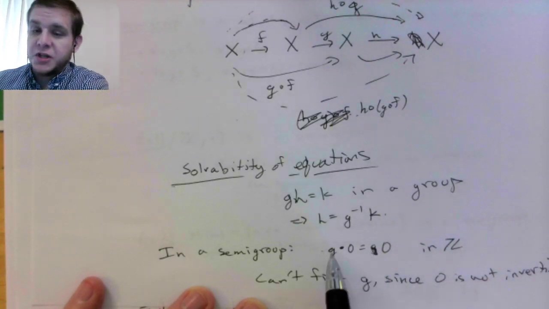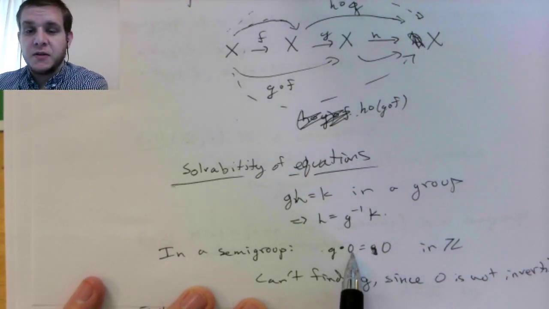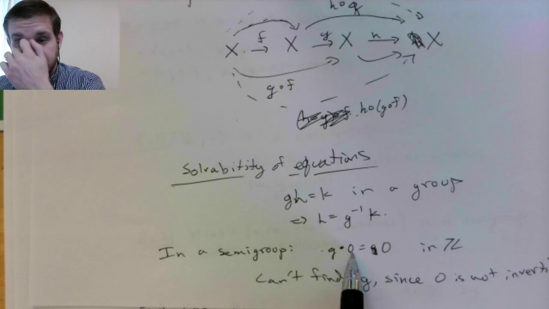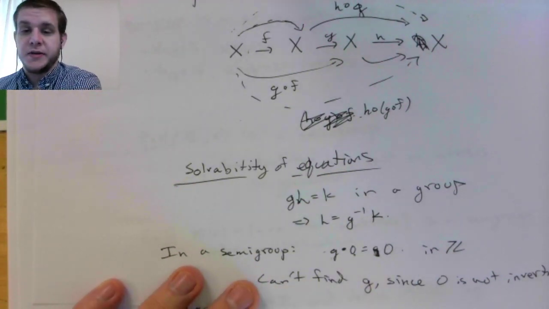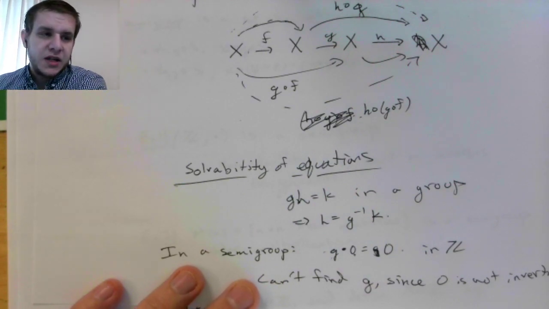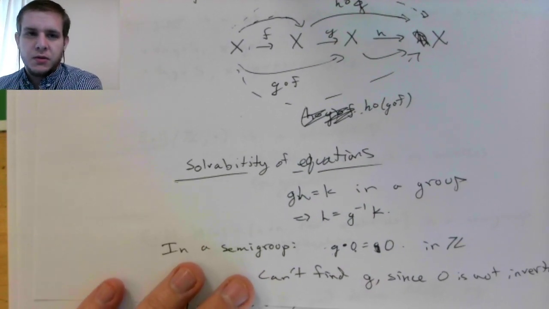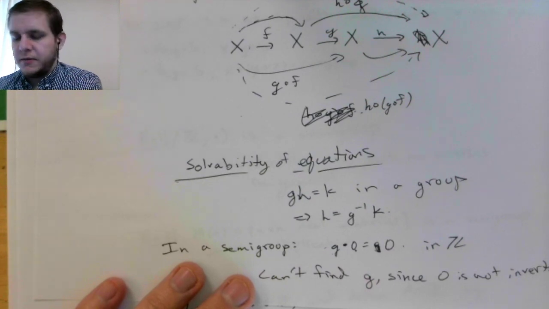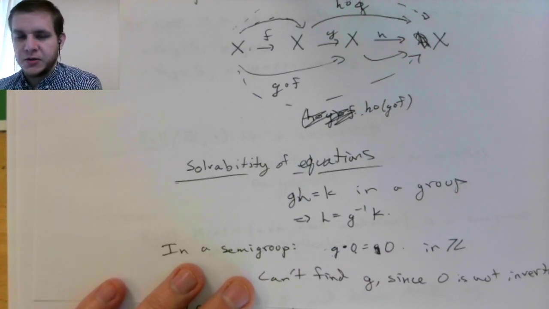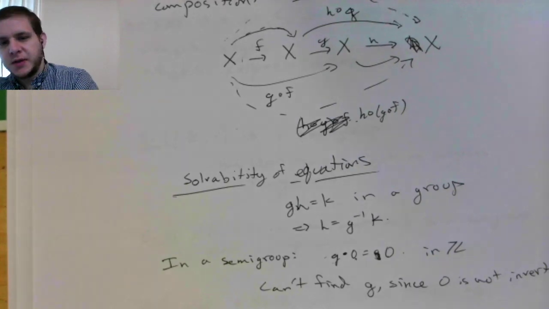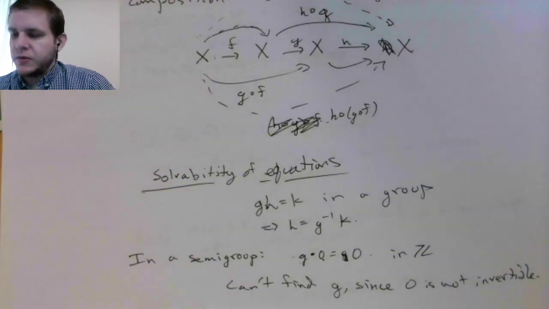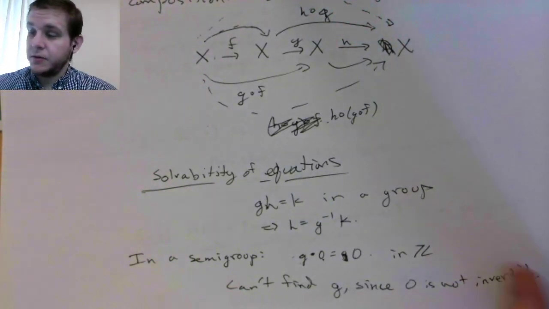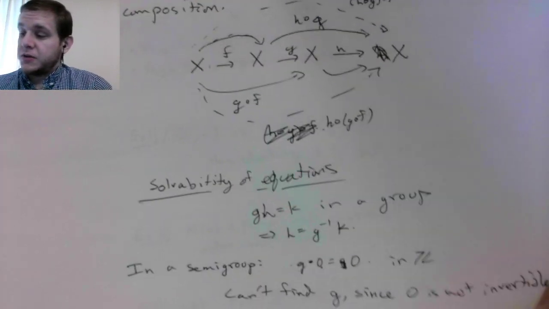Right, if this were an equation in a group, then I would just multiply by this element's inverse on the right of this side of this equation and get that g is equal to 0 times 0 inverse. And of course, that's the naive thing to do. It's what elementary school students try to do all the time, 0 divided by 0. But you can't do that. The solution set of this equation is all of Z. So there's no unique solution.